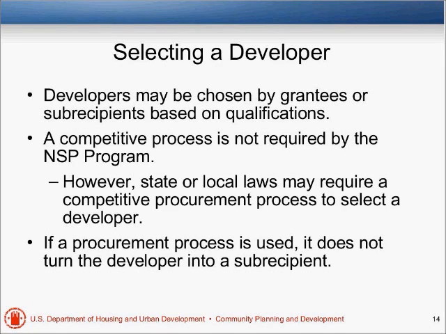Okay? Even if you use a procurement process, it doesn't change the developer into a subrecipient. If they're doing development type activity, they are a developer. And if you layer on, we want to use a procurement process, they still are treated as a developer, even though you added on a layer of having them go through a procurement process.